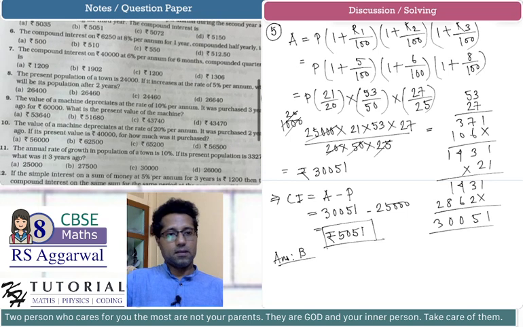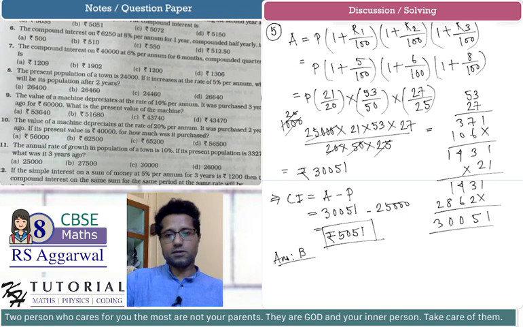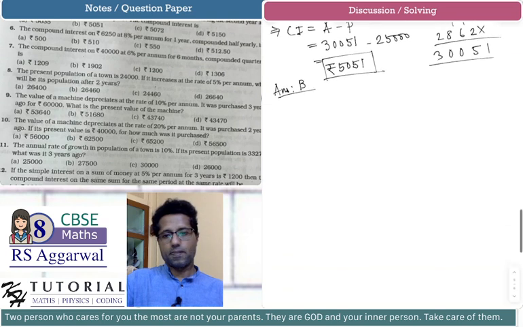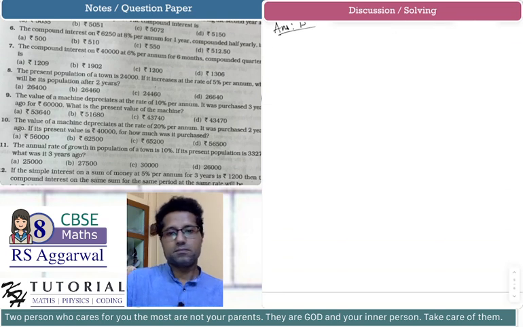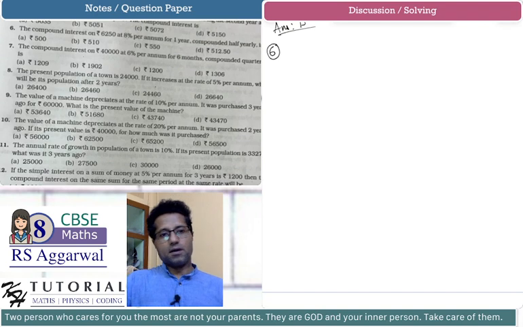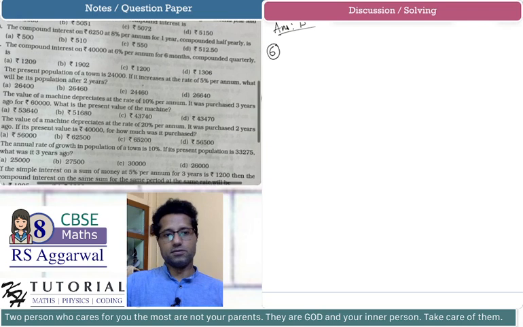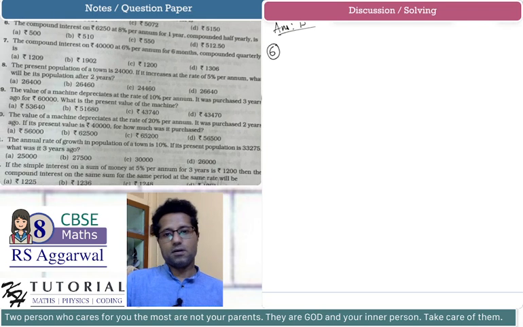Okay, let's do problem number 6. The compound interest on rupees 6,250 at 8% per annum for 1 year compounded half yearly is, okay, so this time U is given to be 6 months.